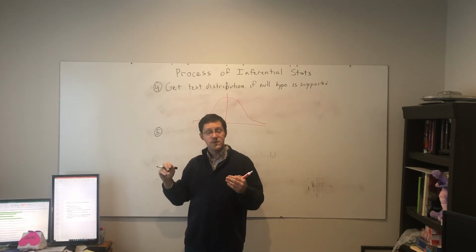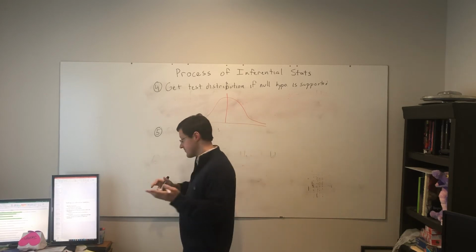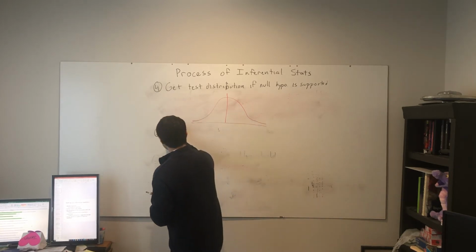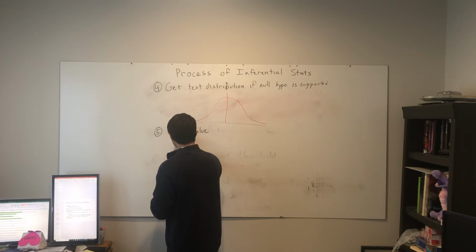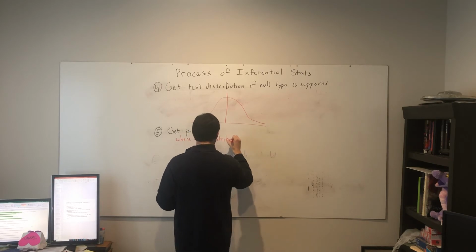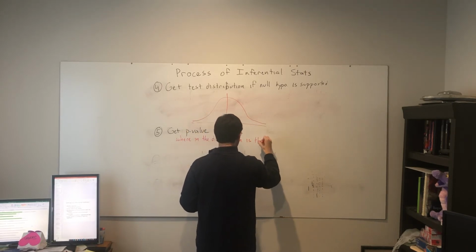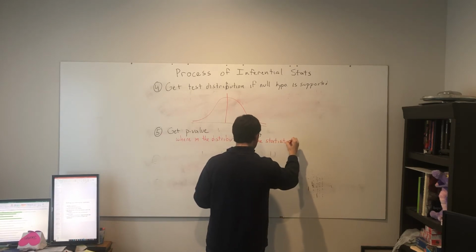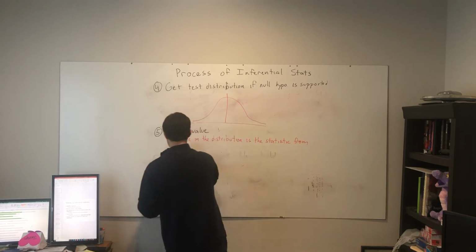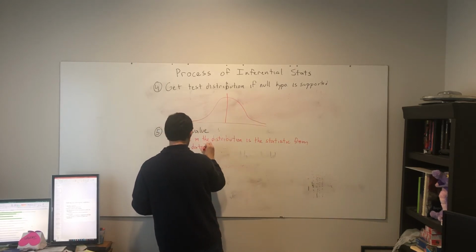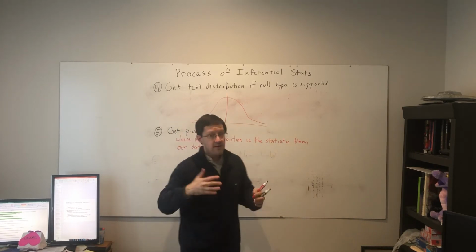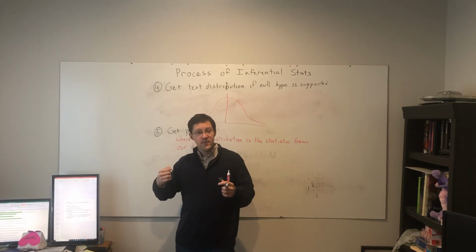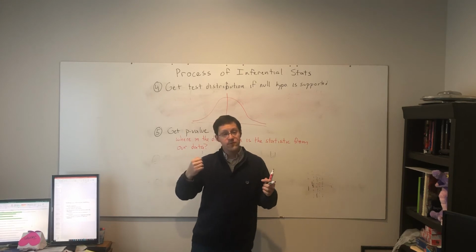Our next step is to get the p-value. So this p-value relates to the distribution by saying where in that distribution is the value from our data.